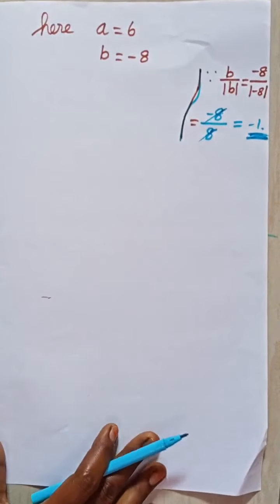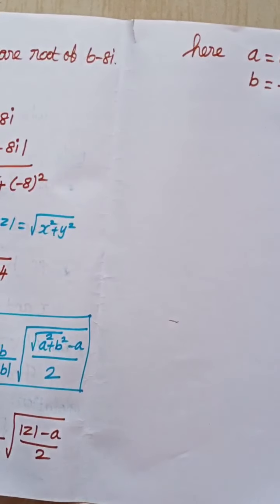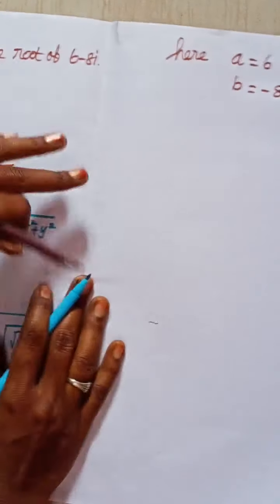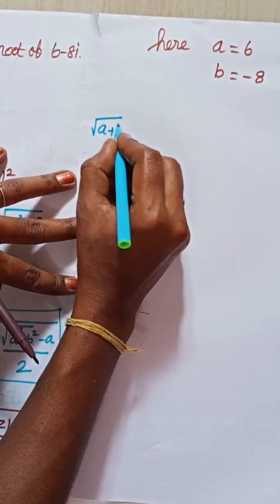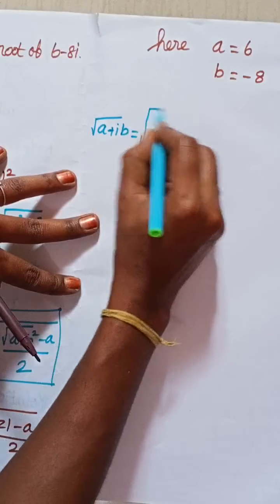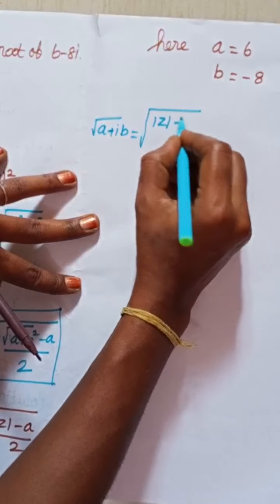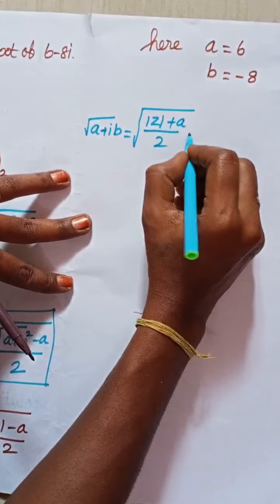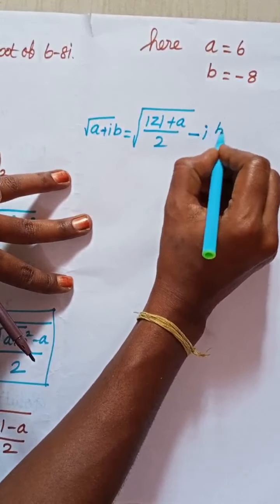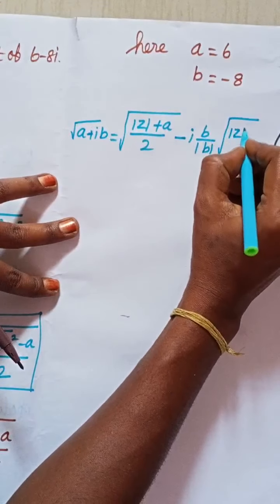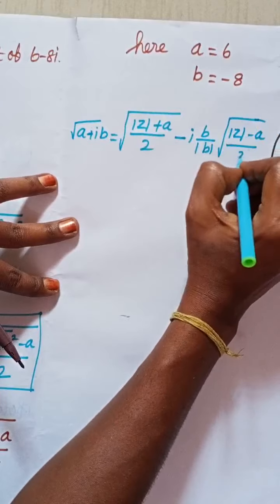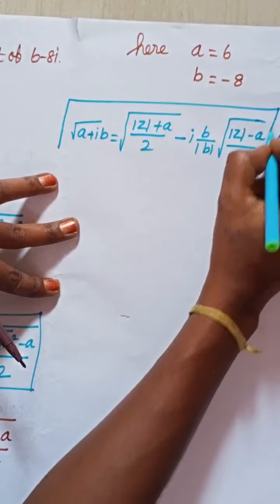Negative value means write the formula with a negative sign. So the formula says: square root of a plus ib equals square root of (modulus z plus a) by 2, minus i into b by modulus b, square root of (modulus z minus a) by 2.